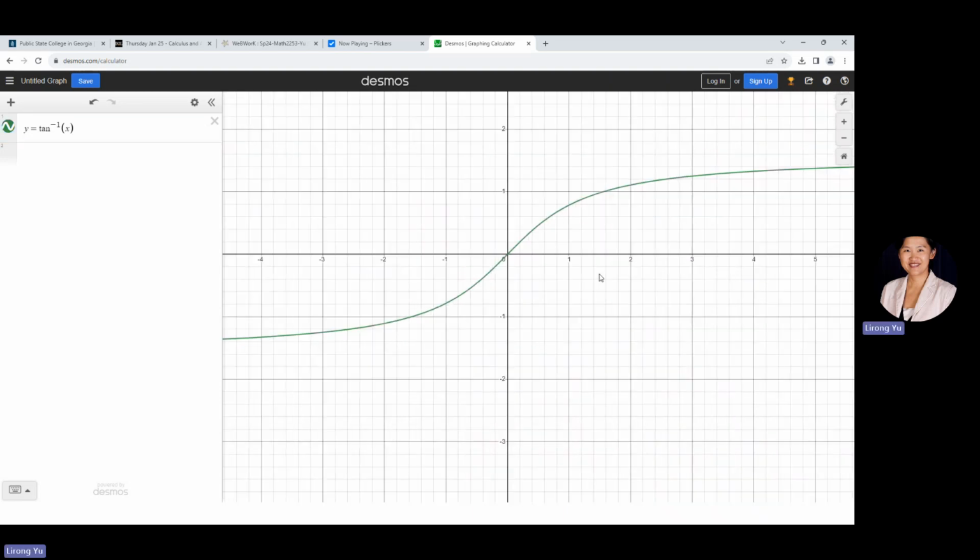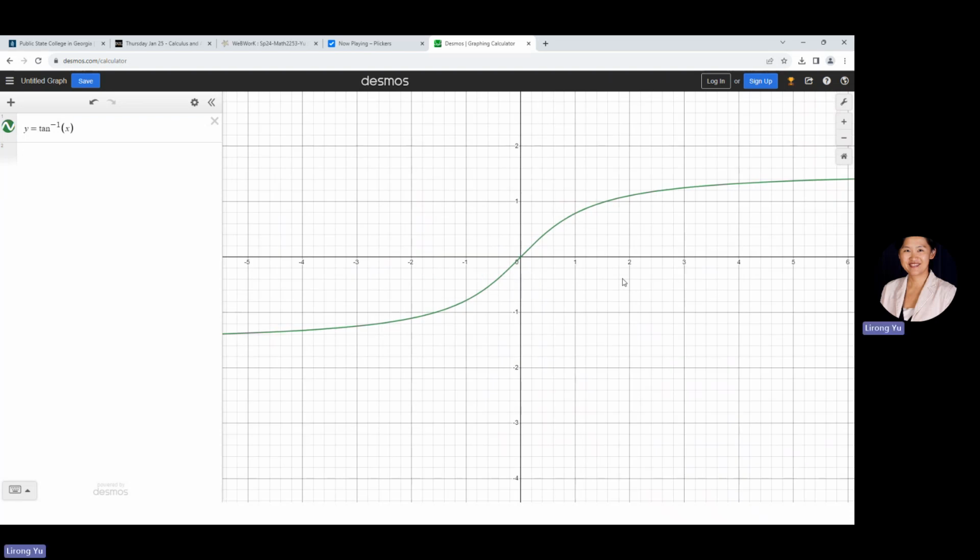This is positive 90, this is negative 90. Tangent inverse is an angle, so that's why you have an asymptote at an angle. Positive pi over 2 is positive 90 degrees, negative pi over 2 is negative 90 degrees, so it's increasing all the way up.